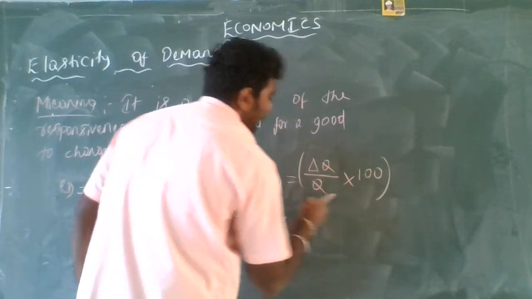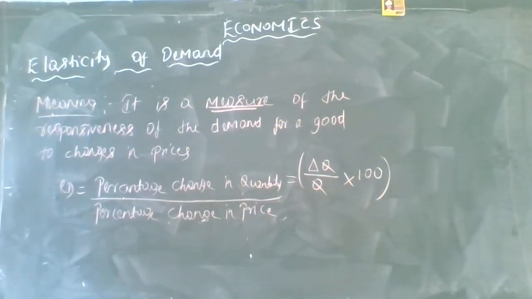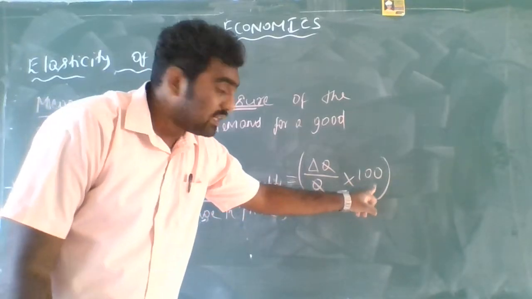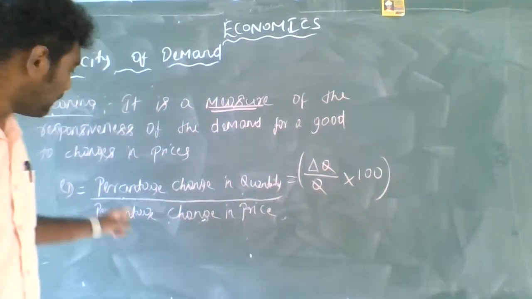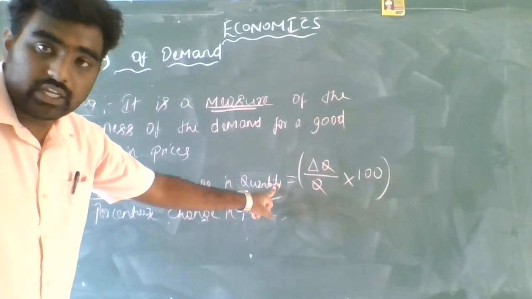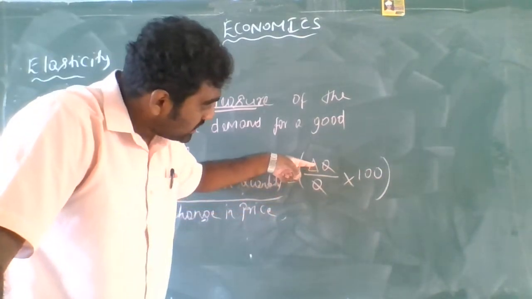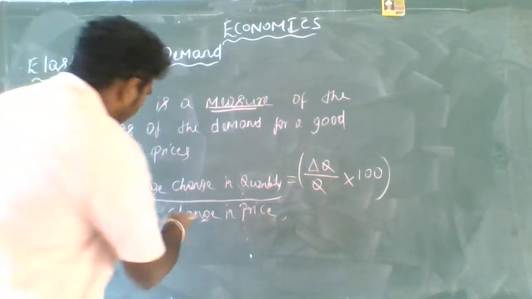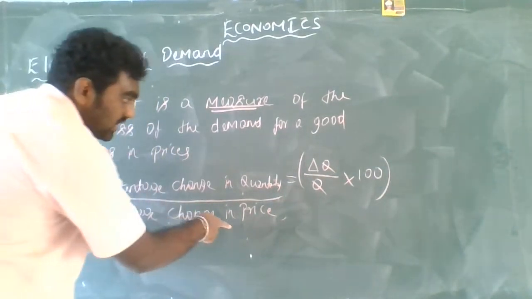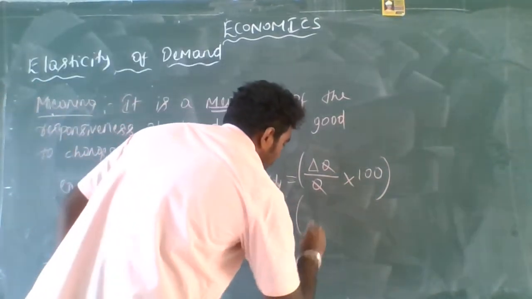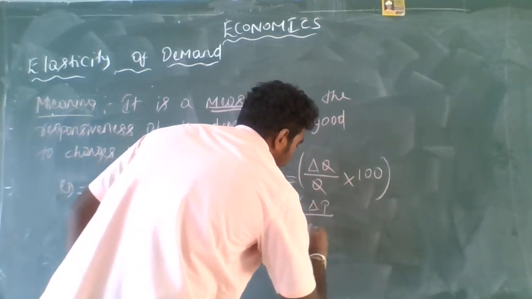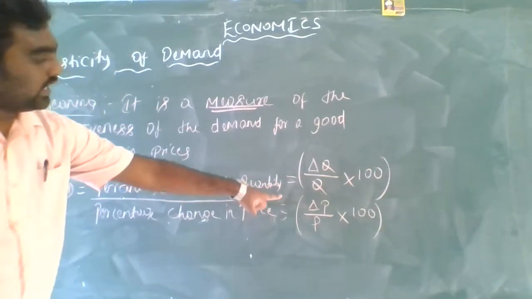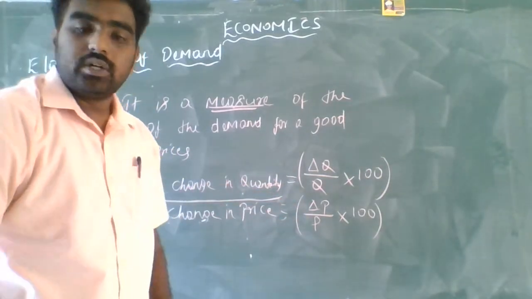Why am I multiplying by 100? I need the percentage: how much did the quantity change from the initial quantity? Similarly, the percentage change in price is delta P divided by P into 100.